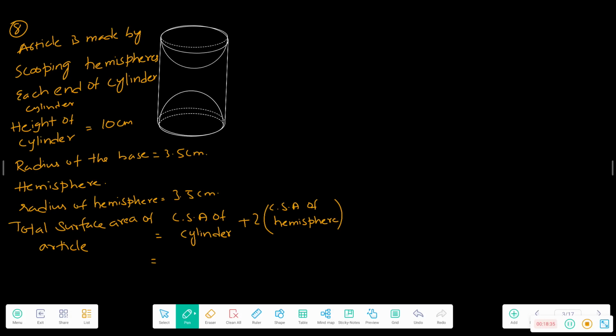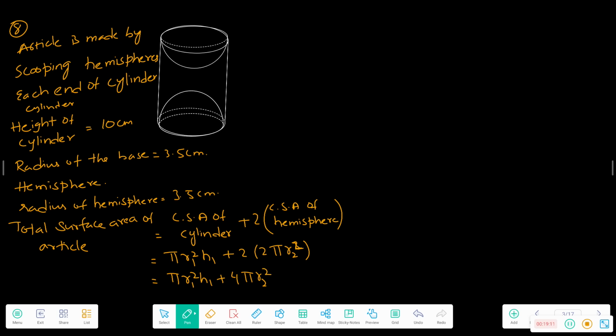So the curved surface area of the cylinder is pi r1 square h1, plus 2 times the curved surface area of the hemisphere, that is 2 pi r2 square. So it will become pi r1 square h1 plus 2 into 2 is 4 pi r2 square.